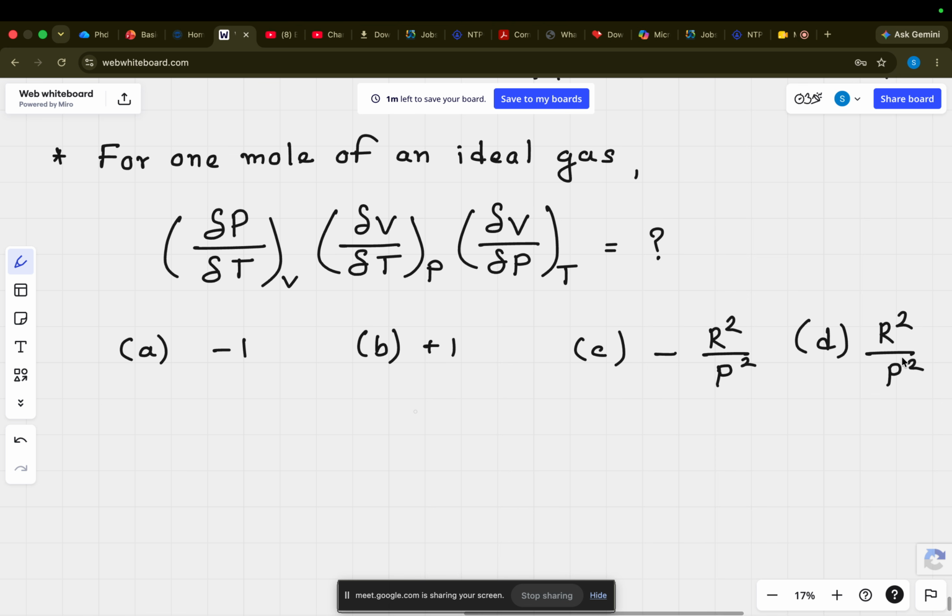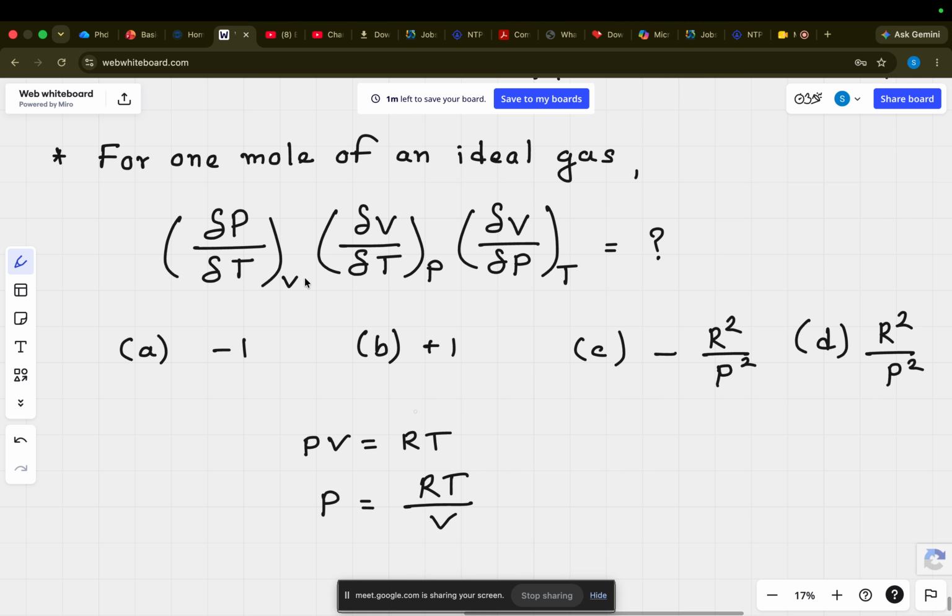First of all write down the ideal gas equation, then you have to do. I am helping. So what is your ideal gas equation? PV is equal to nRT, but here they have mentioned 1 mole, so PV is equal to RT, right? So P is equal to RT by V. Now see what they are doing, del P by del T. That means you are differentiating P with respect to temperature at constant volume.